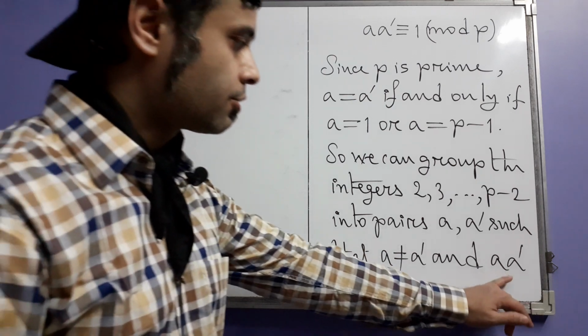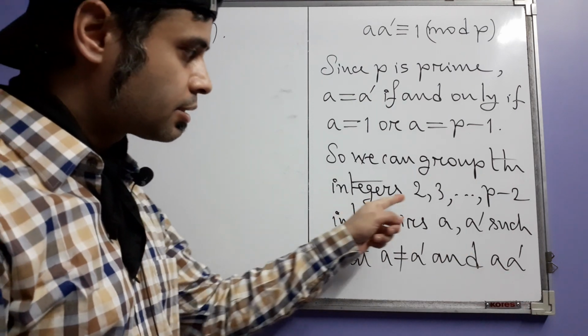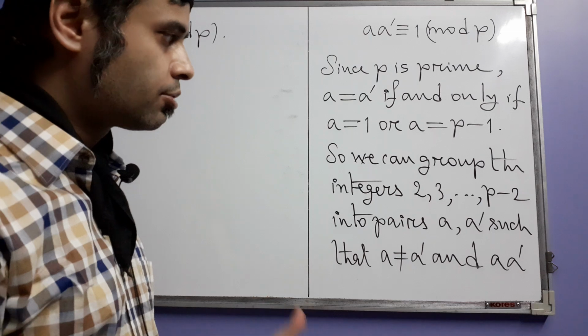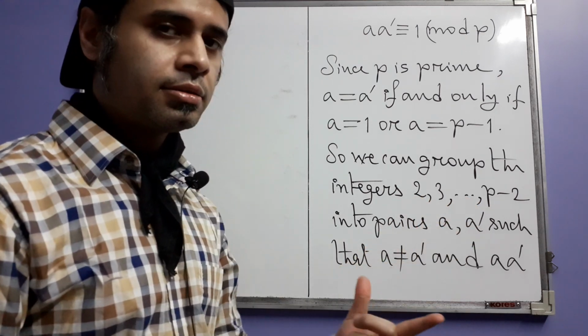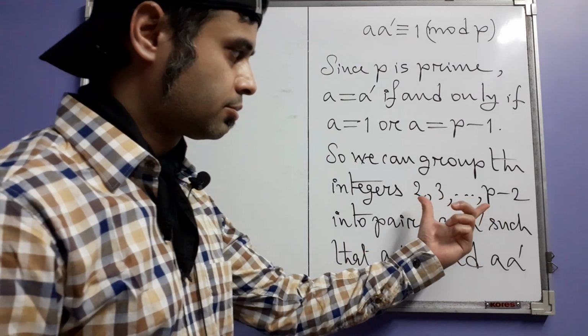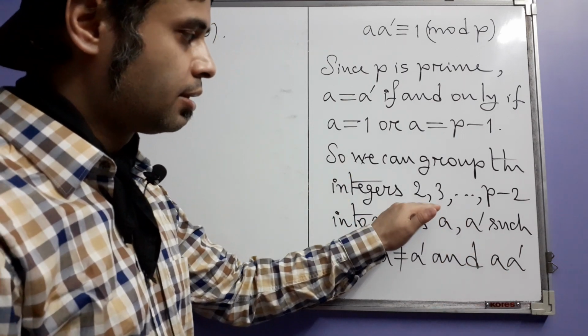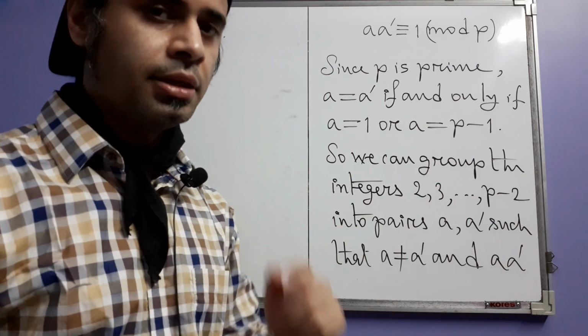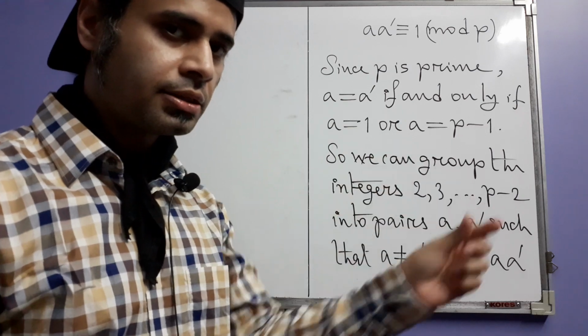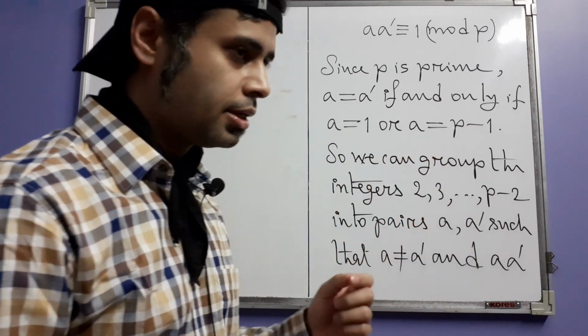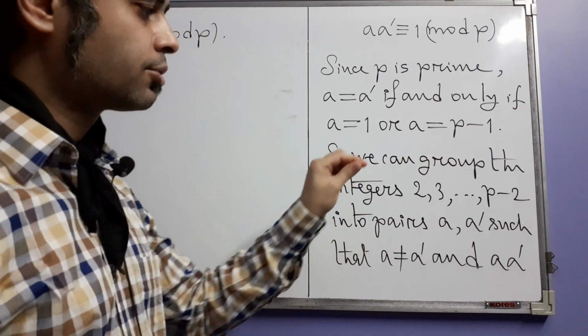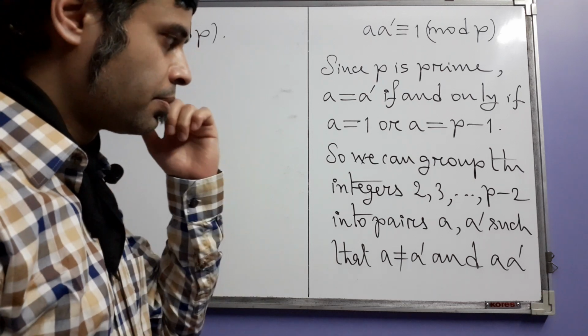and A A prime is congruent to 1 modulo P. So how many such congruences are we getting for this type of A's? In total, the number of congruences of this type will be half the number of integers here, because we are considering pairs of these integers and creating one congruence for each such pair.